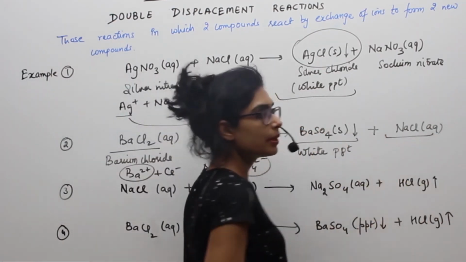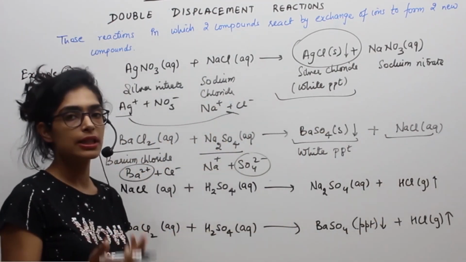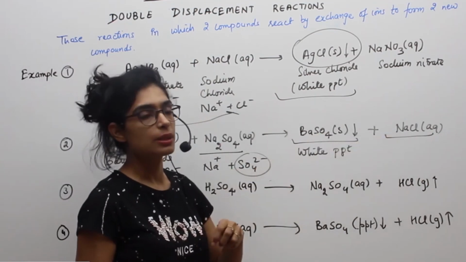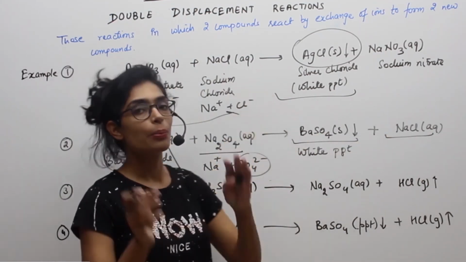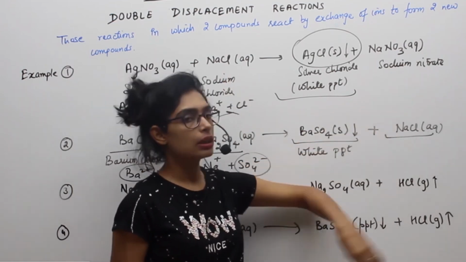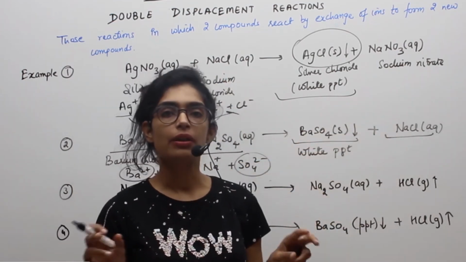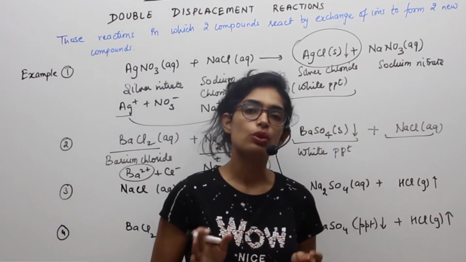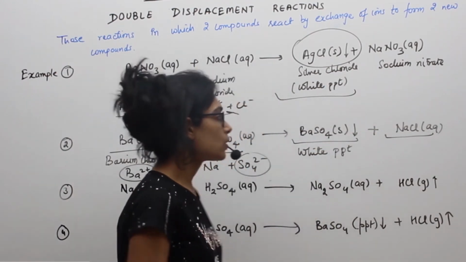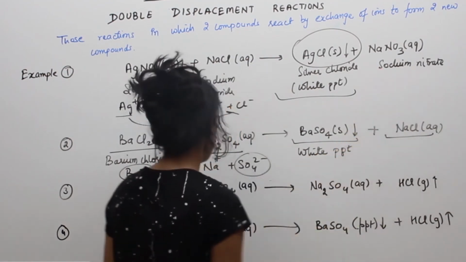Whereas NaCl will remain suspended as Na plus and Cl minus in the solution. So that will be in the aqueous form and this will be in the precipitate form. So these are the examples where the precipitates are forming along with the other remaining ions suspended in the solution and eventually forcefully being called a product or a compound. Okay, so this is sodium chloride, this is sodium nitrate.